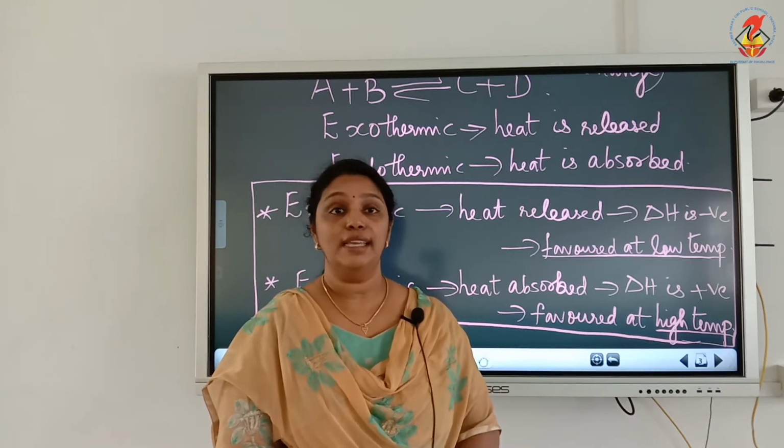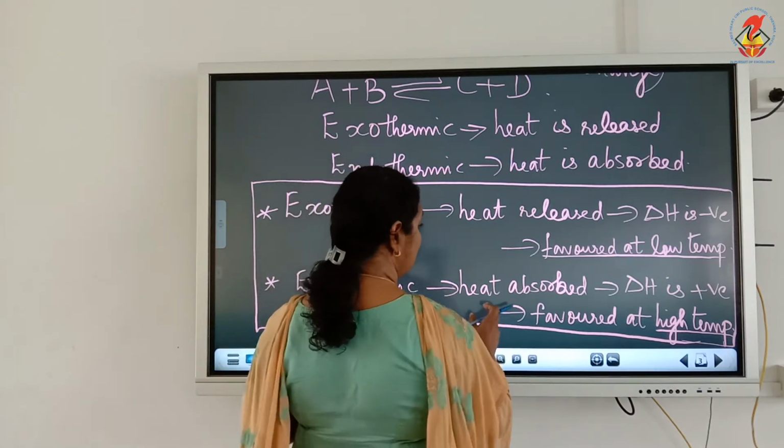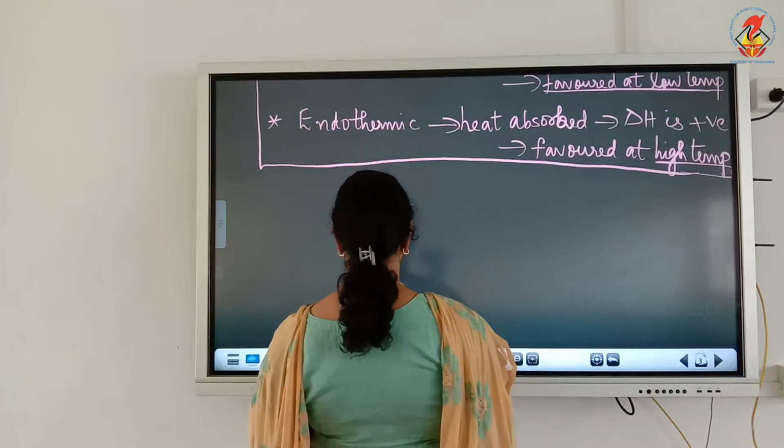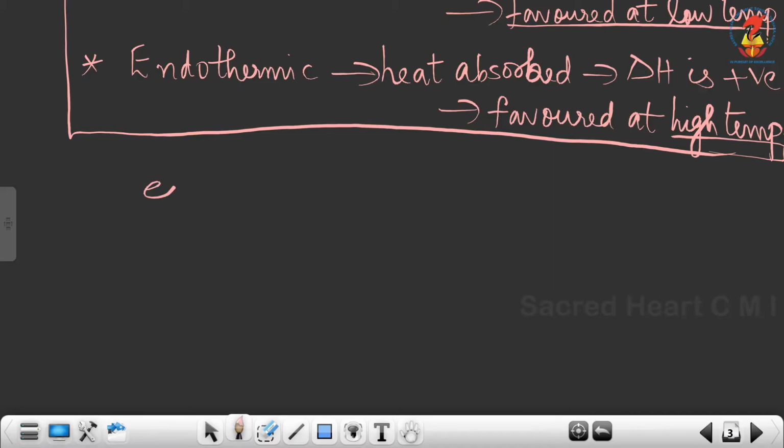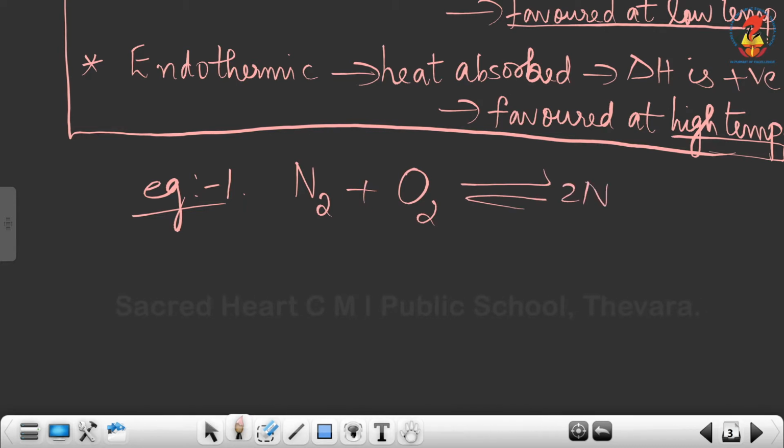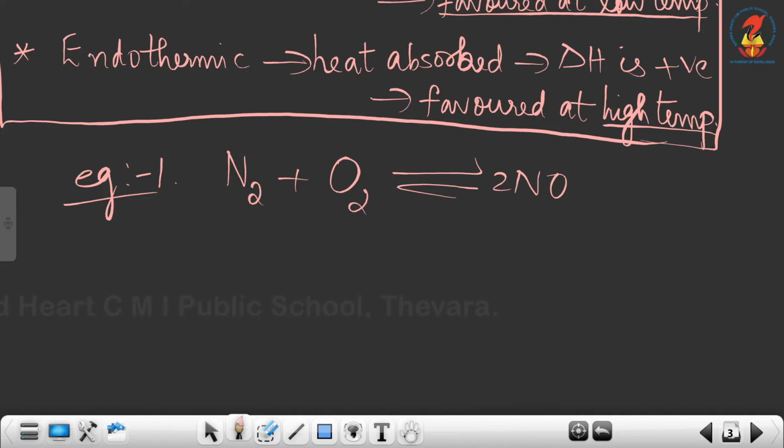Now let us see two examples to study the effect of change of temperature. Example 1. Consider the reaction N2 plus O2 in equilibrium gives 2NO, and the delta H value for this reaction is 180 kilojoule per mole.